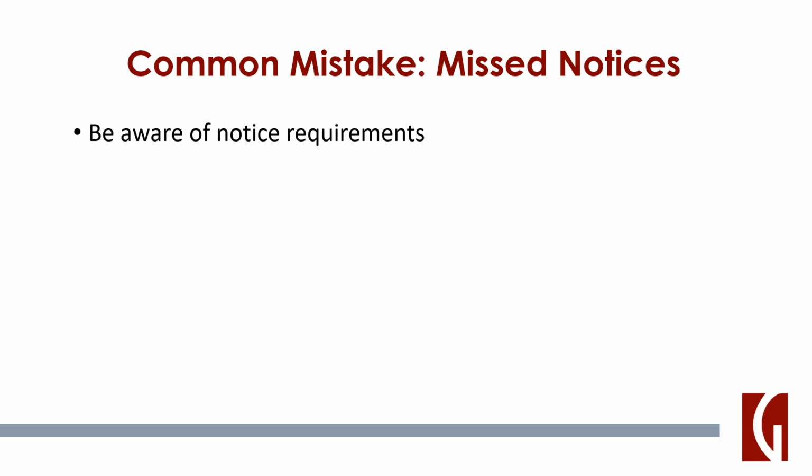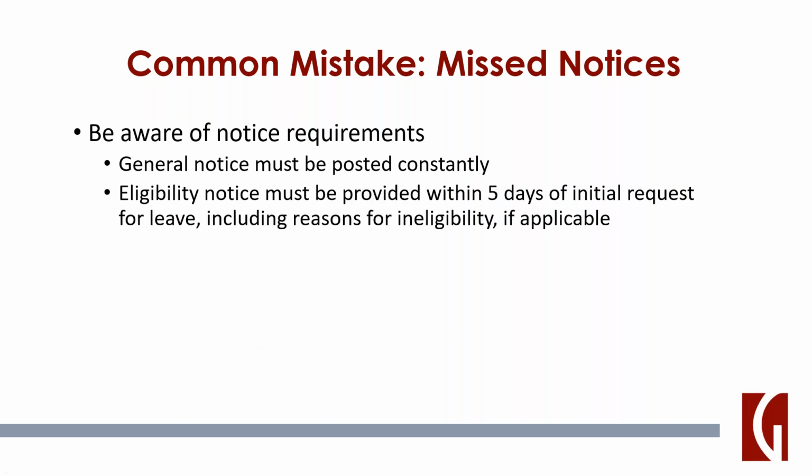So it's really important that HR is aware of those notice requirements, and that employees are trained on those, and that notice is posted constantly in the workplace so that employees can be aware of it as well. So generally, the FMLA requires that the eligibility notice must be provided within 5 days of the initial request for leave, including any possible reasons for ineligibility.